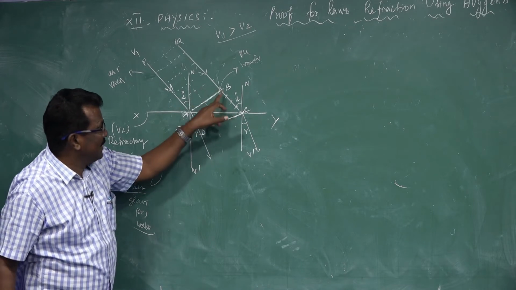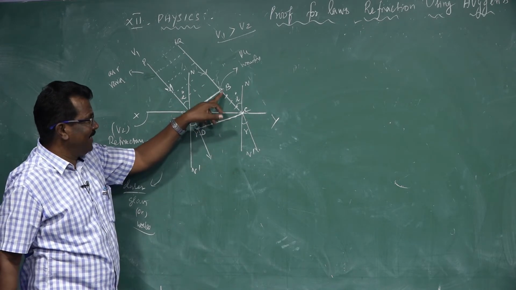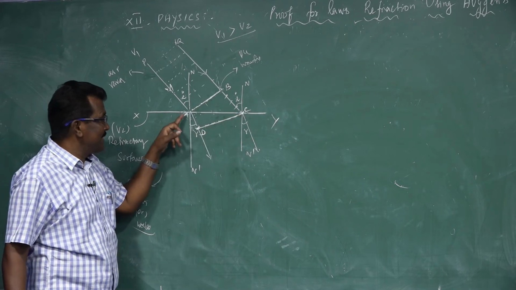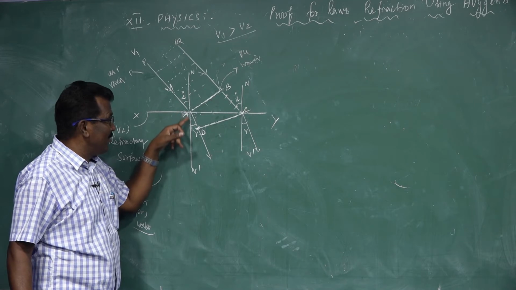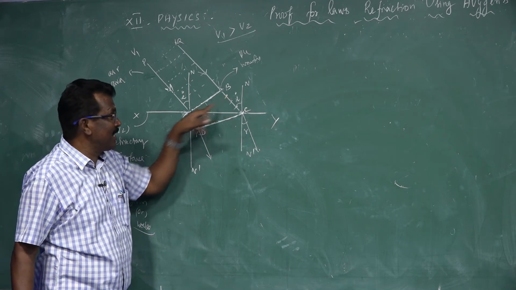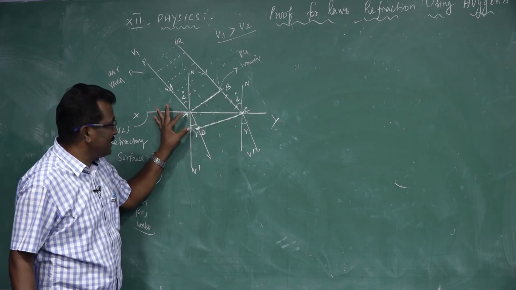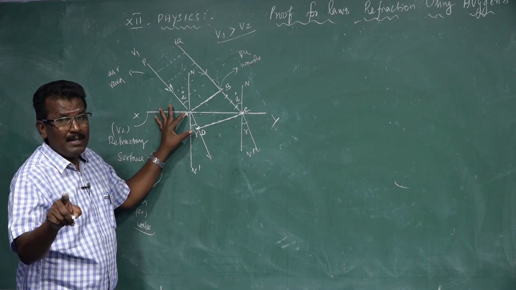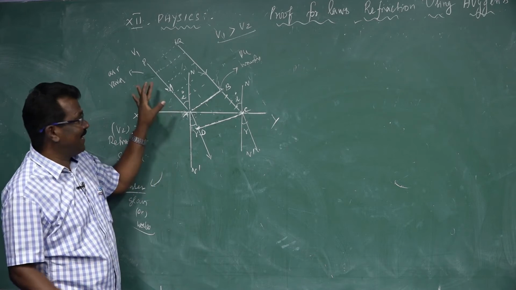In the given interval of 10 seconds, the secondary wavelet travels from B to C, and the same 10 seconds it travels from A to D, but the length is lesser than BC because light travels in a denser medium. The speed is always lesser than in the rarer medium.